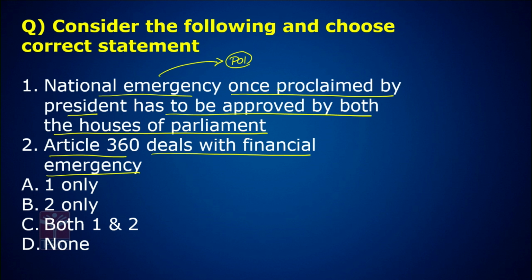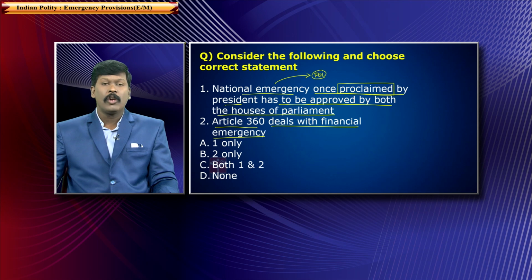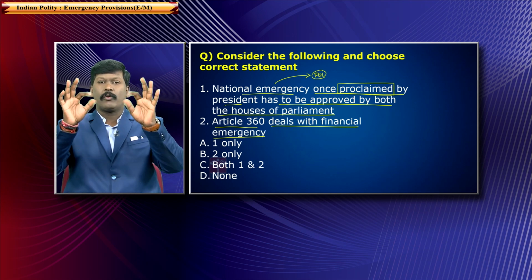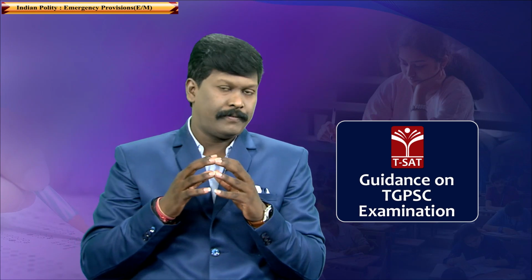2 things with regards to the continuation and proclamation of the national emergency. The national emergency can be proclaimed by the President of India only when there is a written notice signed by the cabinet sent to the President.